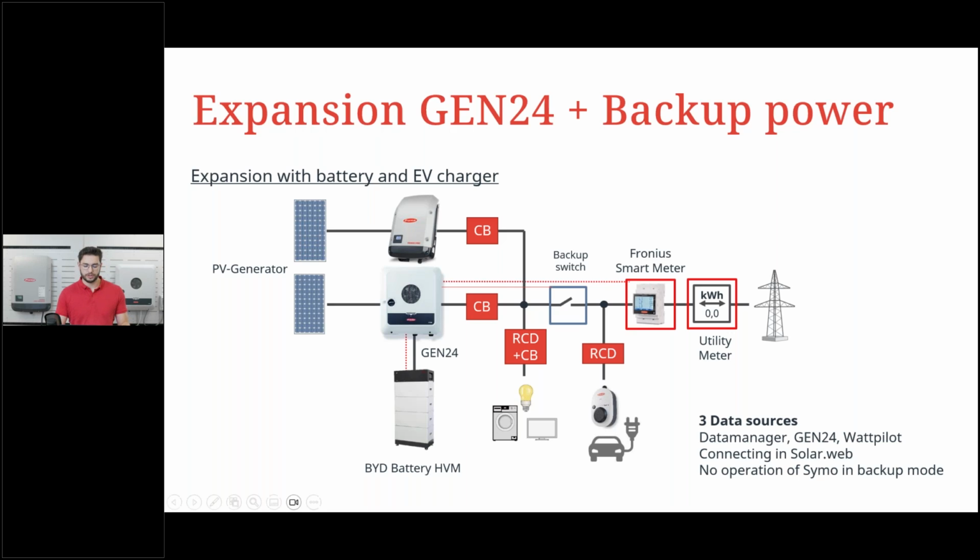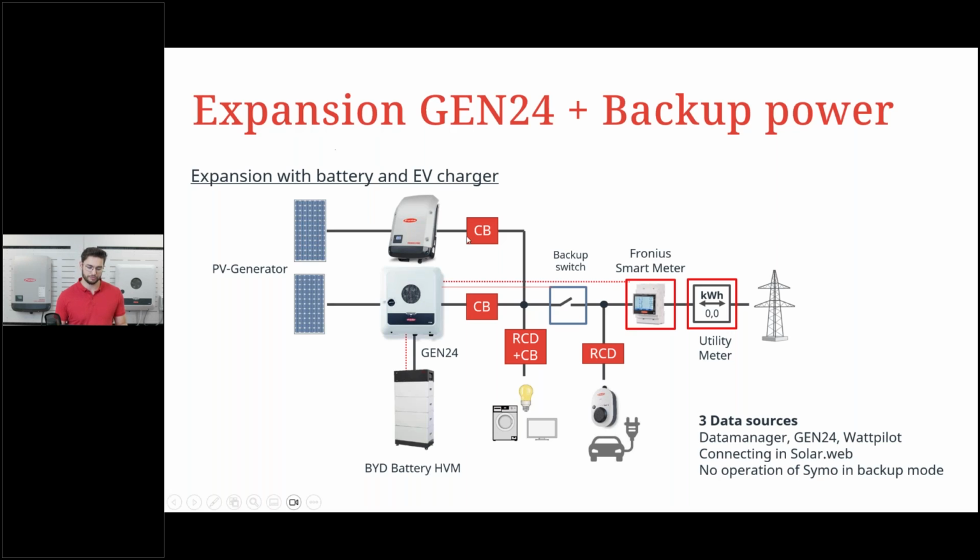Now, one thing we need to understand, the SnapInverter can be connected like this, but it will not run in a blackout scenario. The reason being that the GEN24 fires up in blackout with a 53 Hertz signal. And with this higher frequency, all the other inverters, doesn't matter if it's Fronius or another brand, are not allowed to reconnect. And it is a protection system in this case. So we build up 53 Hertz so no one can reconnect to our system and fill our battery and basically would destroy the system.